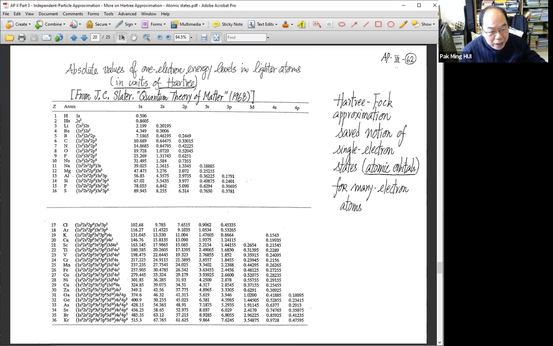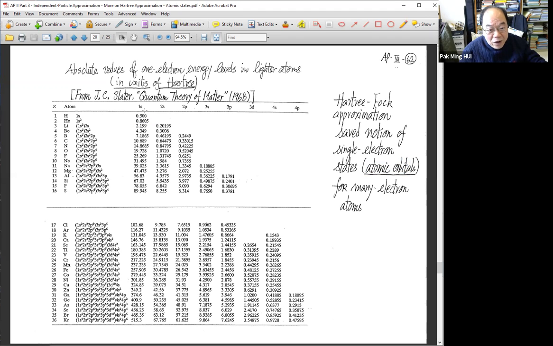So therefore, for helium, I only have the 1s, and the best Hartree value, I use this independent particle approximation, is this 0.8605 Hartree. This comes again to the point that you should take some time to read the 4 pages of appendix on the atomic unit.